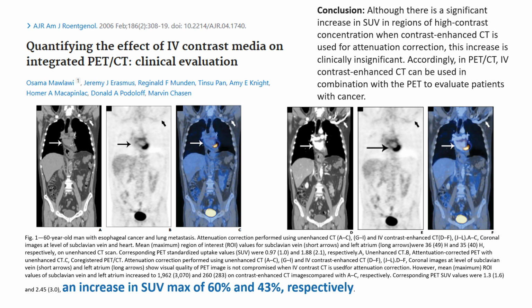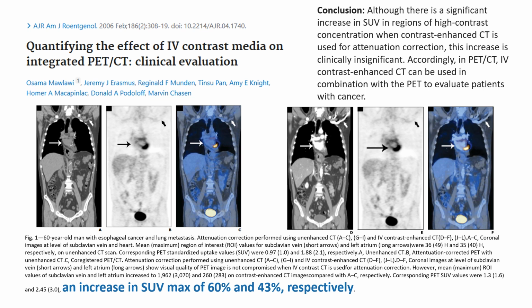Hounsfield numbers of subclavian vein and heart are 36 and 35 respectively on unenhanced CT scan, and the corresponding values for contrast-enhanced CT are 1090, 962 and 260.